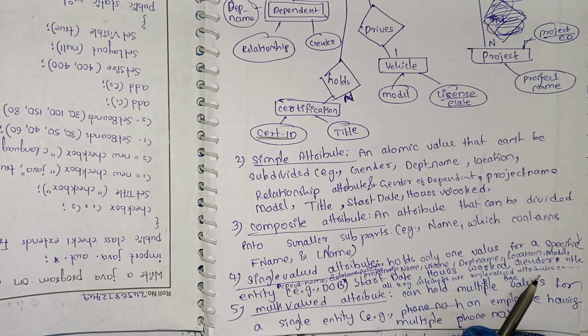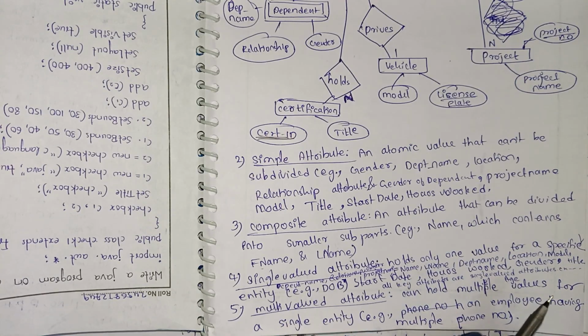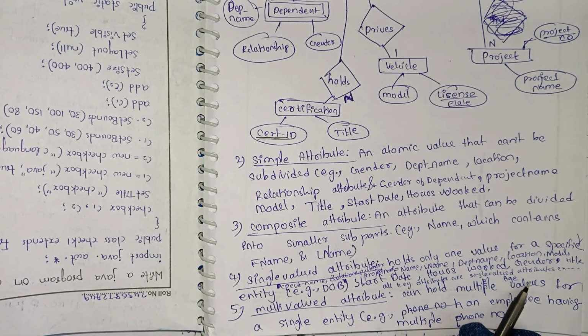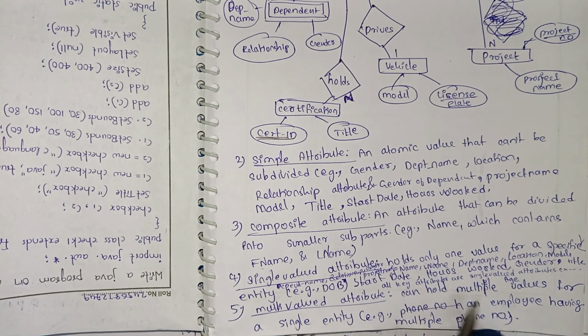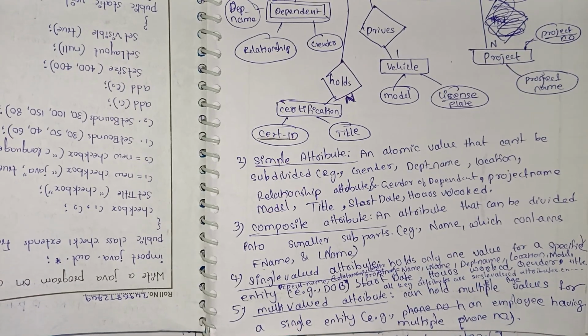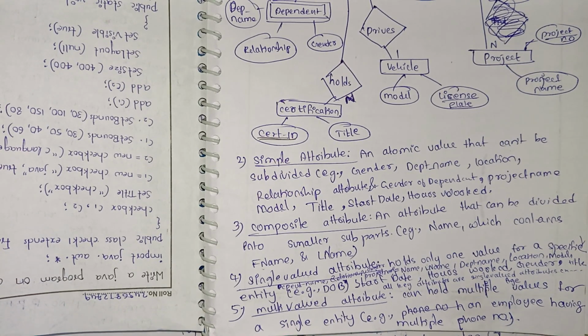Okay, it's a statement. All key attributes are single valued attributes because a key attribute uniquely identifies each row in the table. So for example, employee name and employee IDs are there. Employee IDs are primary keys because they will not have null values and redundant data, means repeated data.